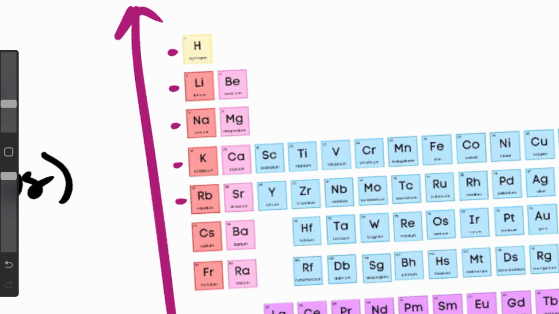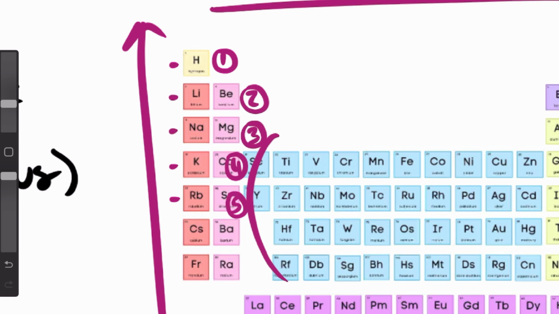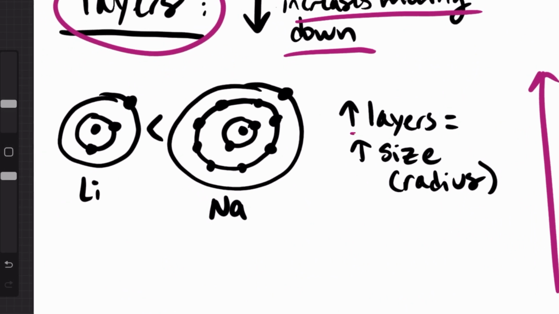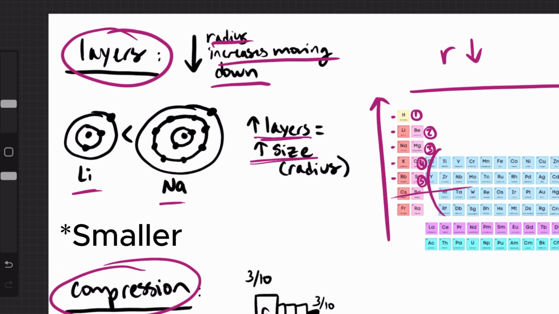So here you have 1 shell, here you have 2 shells, 3, and I'm keeping transition metals out of this, just keeping it simple, 4, 5, and so forth. The increased layers are going to increase your size, which is the radius. So lithium is larger than sodium.